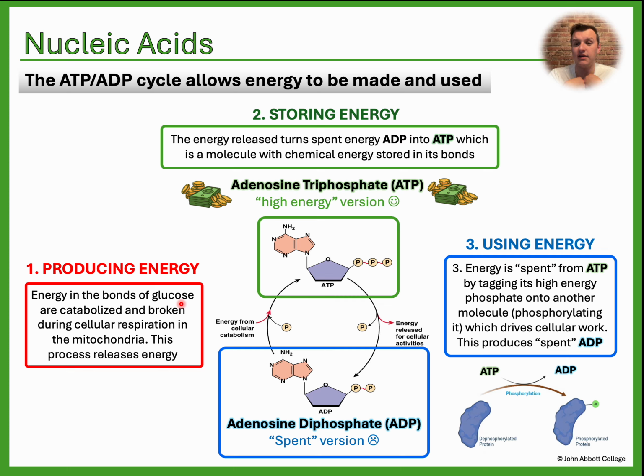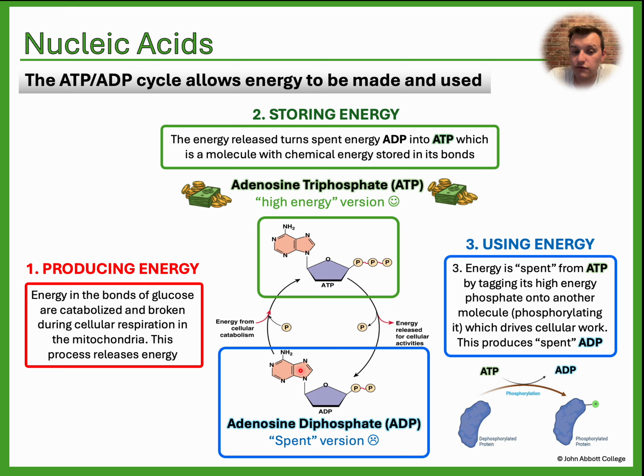In our body, we ingest and absorb the glucose, and glucose is catabolized and broken down during cellular respiration in our cells. Our cells of the body break down glucose. That's why we need to eat, right? This happens in the mitochondria, and this process will release energy. So when we break down glucose, we release energy in our cells.